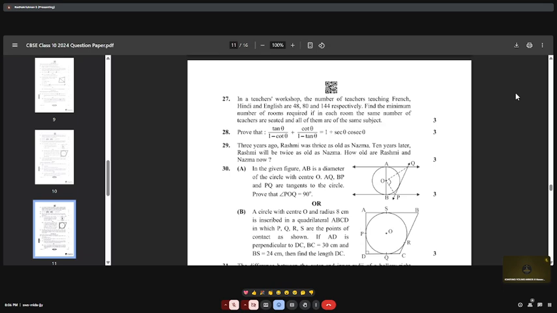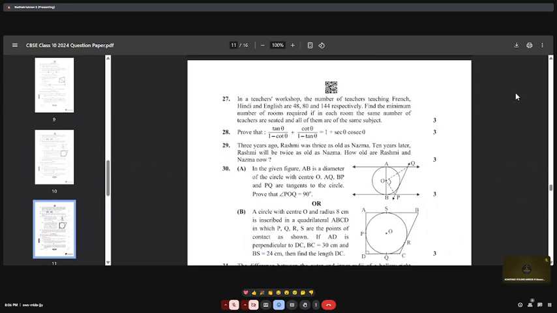So let's move to the next problem. Okay. Look at problem number 27. In a teacher's workshop, the number of teachers teaching French, Hindi, and English are 48, 80, and 144 respectively.